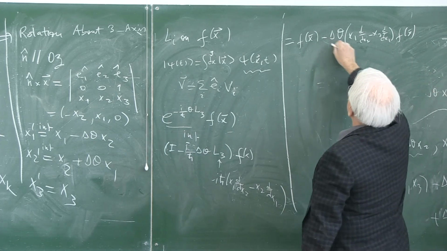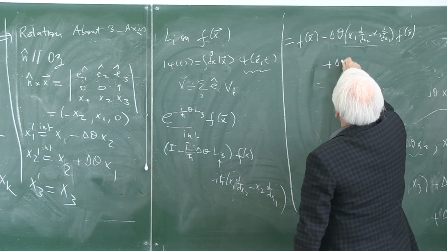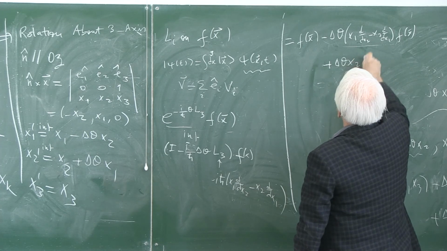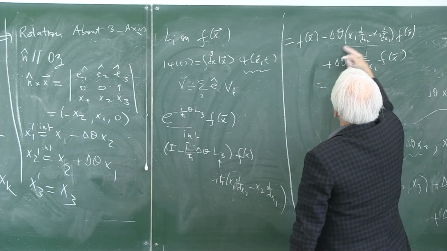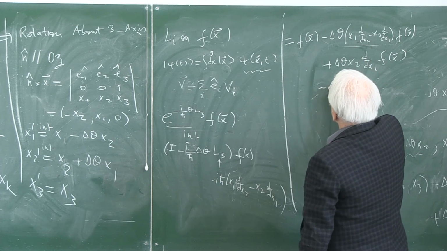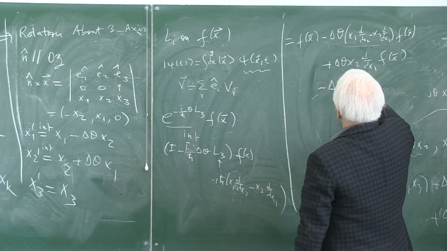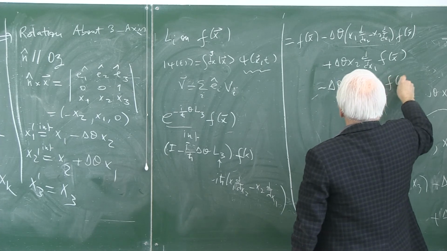Again, if you want, you can write it as plus delta theta x2 d by dx1 f of x minus delta theta x1 d by dx2 f of x.